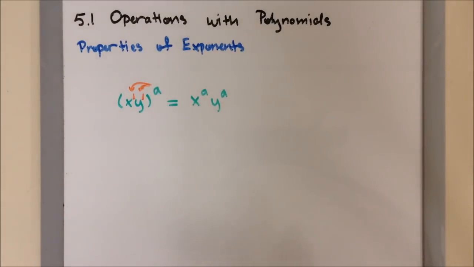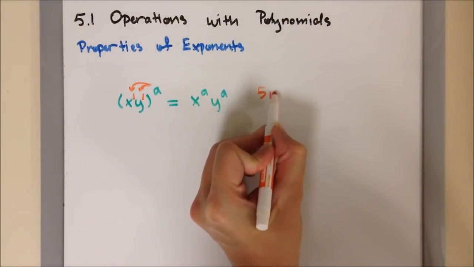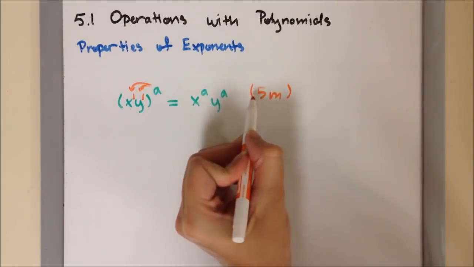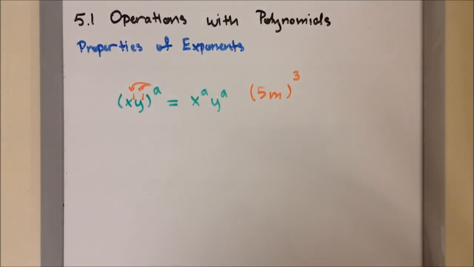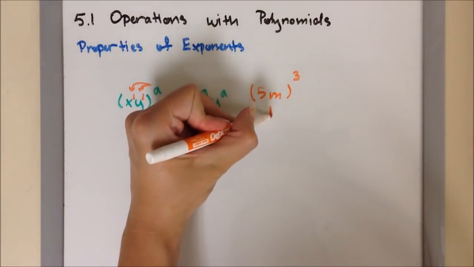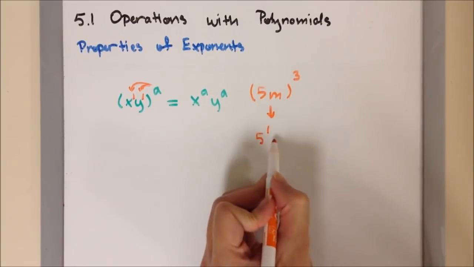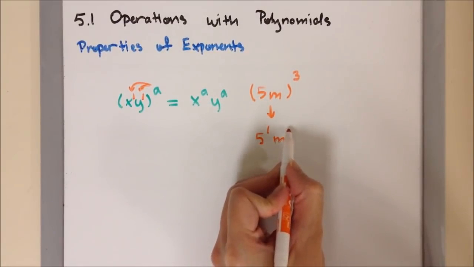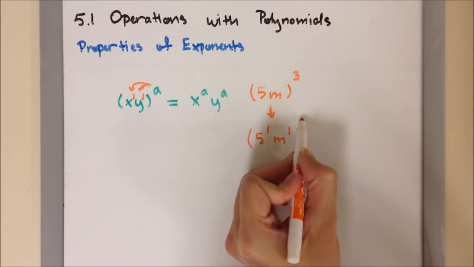So let's do some example illustrating this property. So say I had 5m raised to the power of 3. Now, let me rewrite this where the 5 has an invisible 1 exponent and my m also has an invisible 1 exponent. Both of them being raised to the 3rd power.